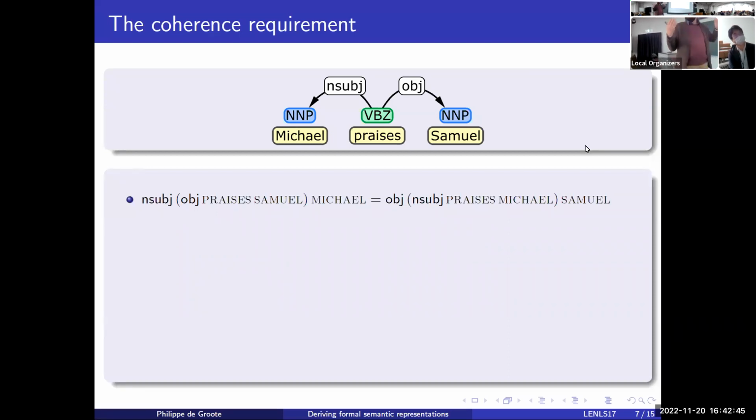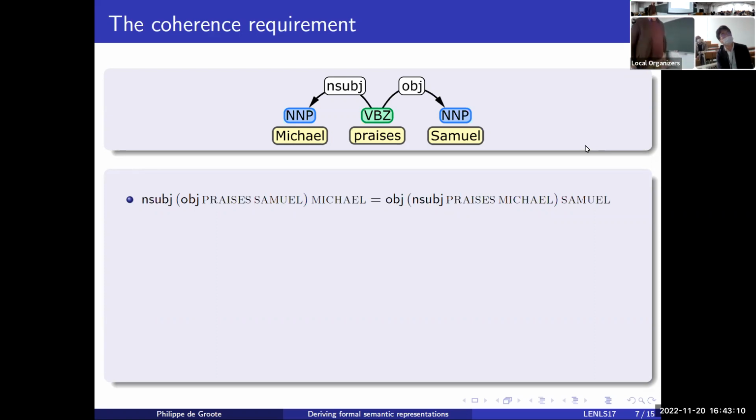And we want the meaning to be independent of the way we are representing the structure. So the coherence requirement is that the two computations should yield the same value.